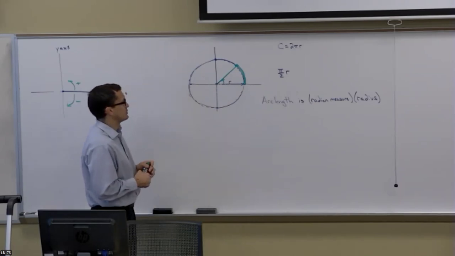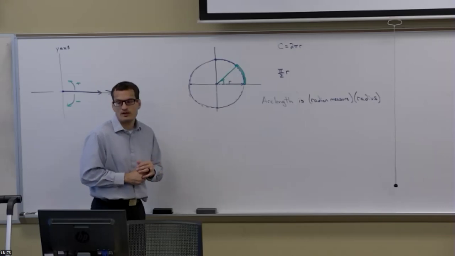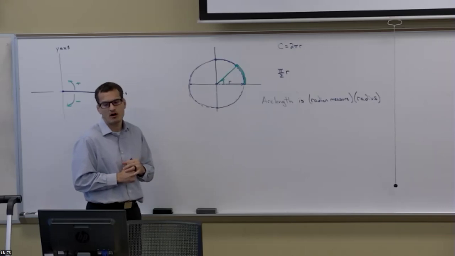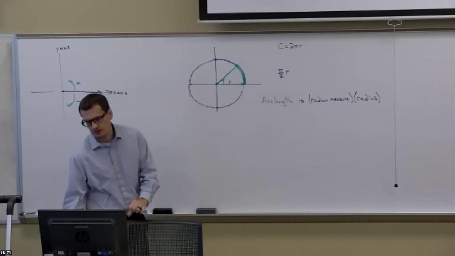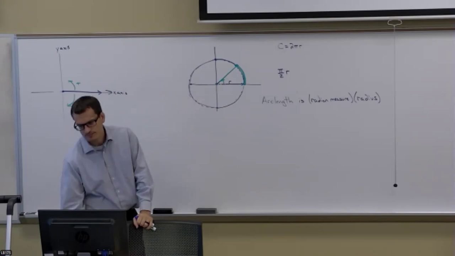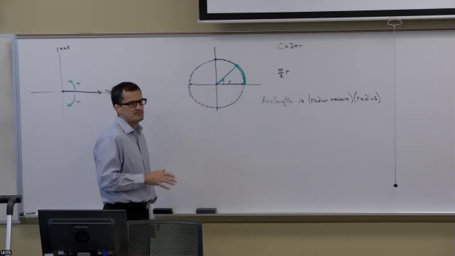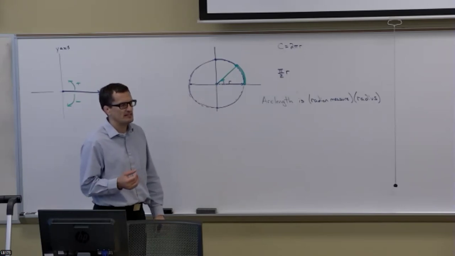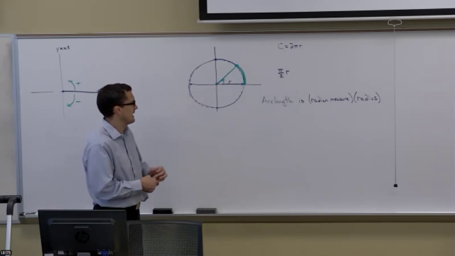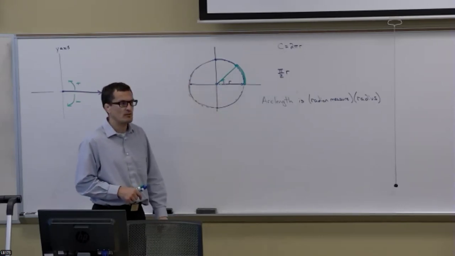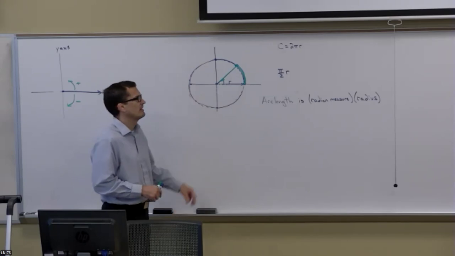Now, degree measures are different. Degrees are 360. That's kind of, I wouldn't say arbitrary, but that's a numerical value that is based in history. Okay, 360 degrees is not necessarily, I mean, it's connected to the circle, but it's not connected to the arc length of the circle in a straightforward way.